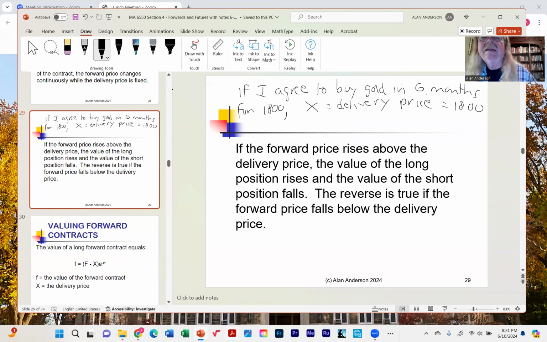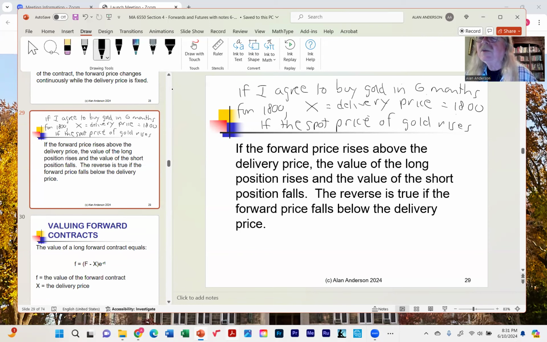Fine. But let's just say that the spot price of gold rises, your position has gotten stronger. Let's say that when I entered into this contract, the forward price and the spot price were both 1,800. Suddenly the spot price of gold goes up.